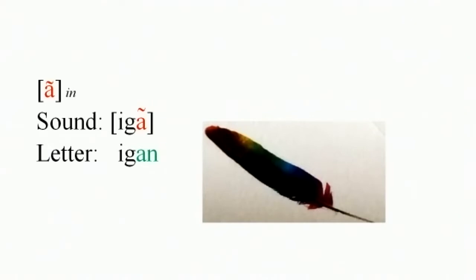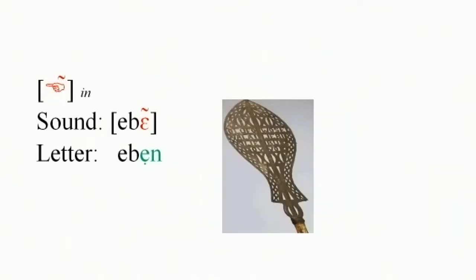Then we have the A in Ebe. You can see that in green, the letter E with a subdot followed by the letter A. The 2 constitute a digraph representing that sound. Okay?